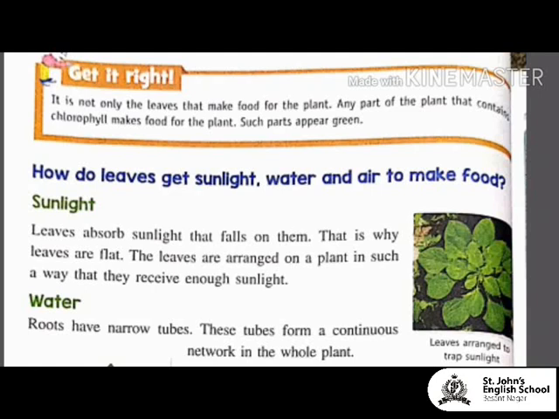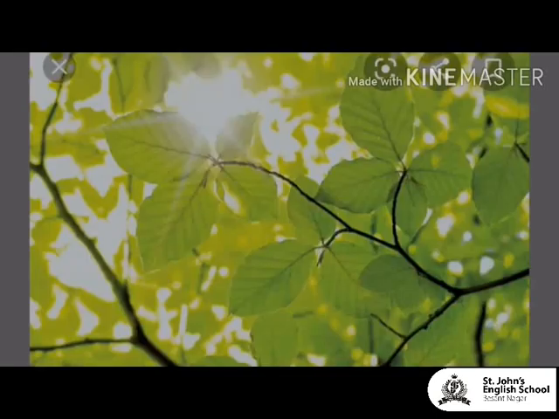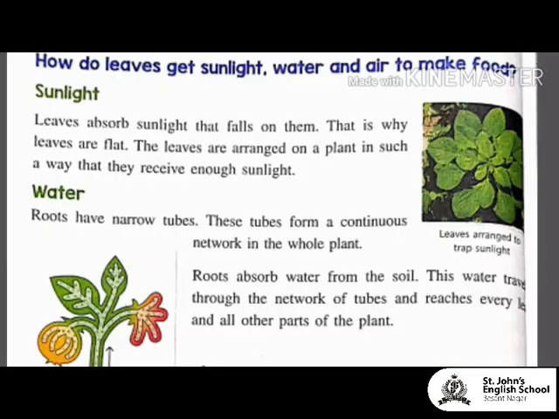So each and every leaf in that plant will receive enough sunlight, and when the sunlight falls on the leaves, the chlorophyll becomes active and starts producing food. So to prepare food, leaves have to get sunlight. That is why all the leaves are arranged in such a way that they receive sunlight.